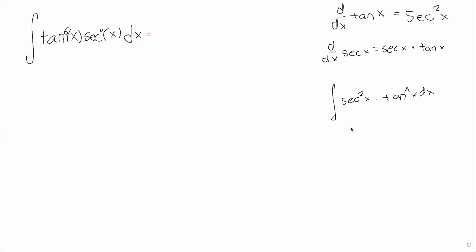So in this case, secant squared x is there. So we want secant squared x to be the u, right? At the end, when we're done manipulating, we want that to be the derivative. Yeah. So that would equal.